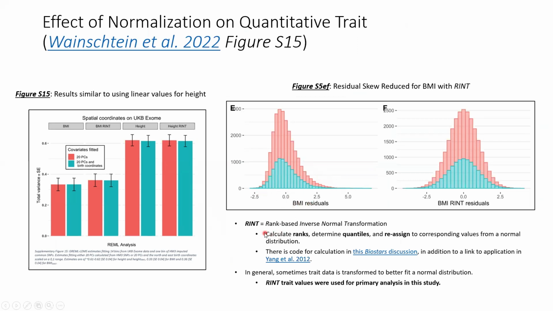So if you do this rank-based inverse normal transformation, I'll provide a link with some more information about details of how this is calculated, then you can get residuals that follow more of a normal distribution. And that makes it better fit the assumptions of the method. That's about all I'm going to say about that for this presentation, but it seems like it's not making a really huge difference, but it makes some amount of difference for BMI.